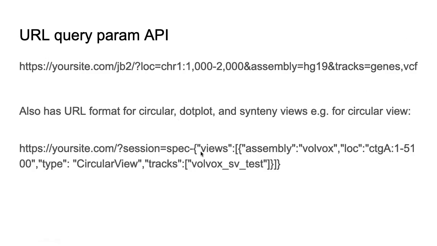There's also one for circular views or dot plot or synteny. That's a little more intricate, but it lets you do it. It does change the URL after you visit this link. You can construct links like this, and we think that that'll be really useful for gene pages, just to link into the genome browser.